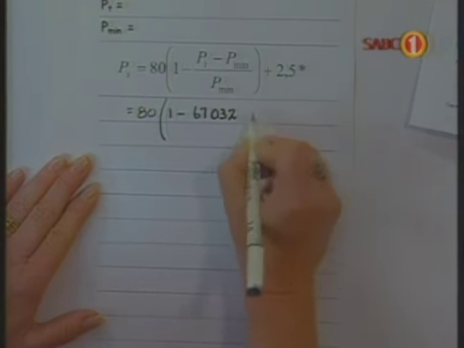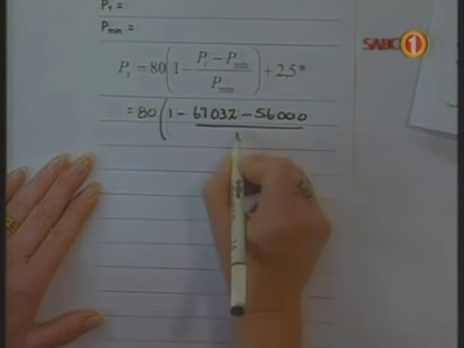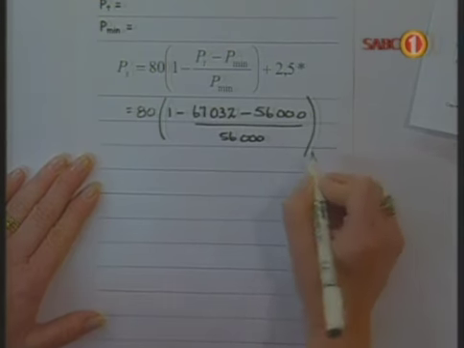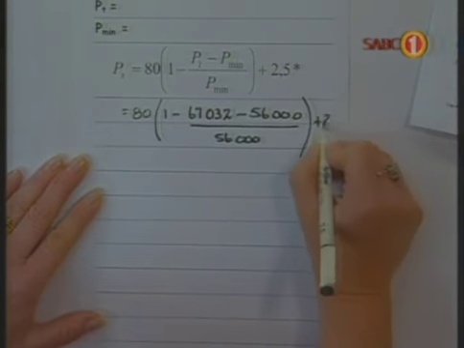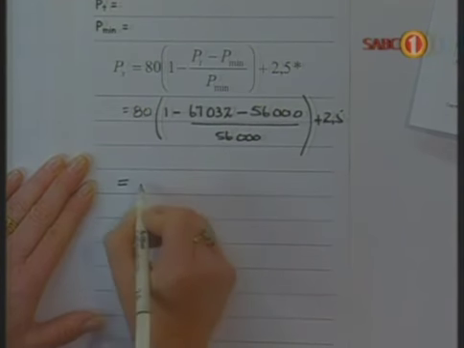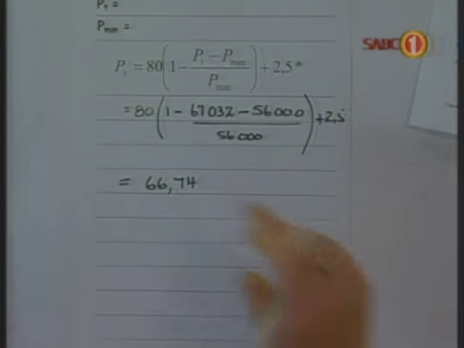So it's 67,032 less that minimum which they gave us of 56,000. We divide that by 56,000, and because it is a black-owned company, we're going to add the 2,5. Putting that into your calculator is going to give you a total of 66,74.